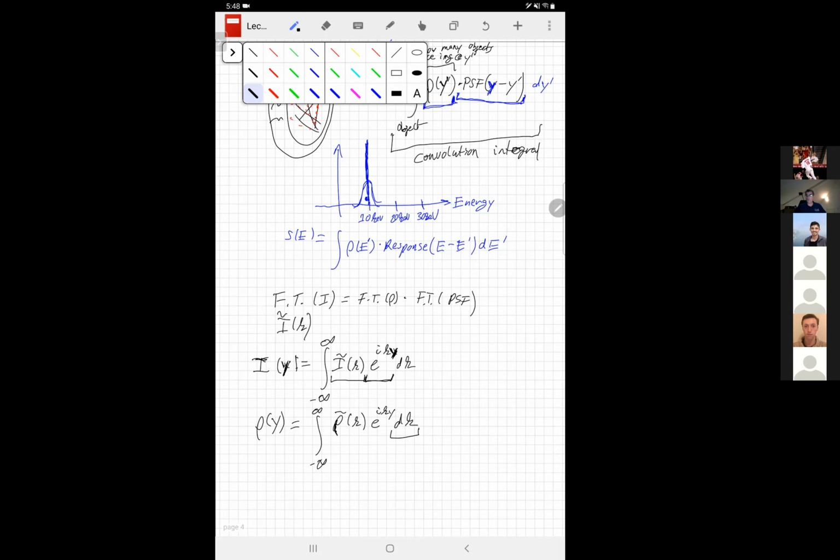And we're summing over k values. And then, of course, the PSF, at distance y from the origin, or from wherever you're measuring, would be the same thing. Any questions?